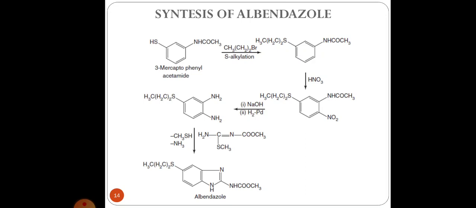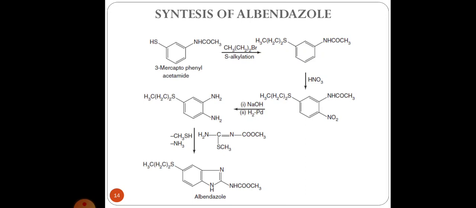Coming to the synthesis of some important anthelmintic agents, the first one is synthesis of albendazole. In the synthesis of albendazole, the starting material used is 3-mercaptophenyl acetamide.